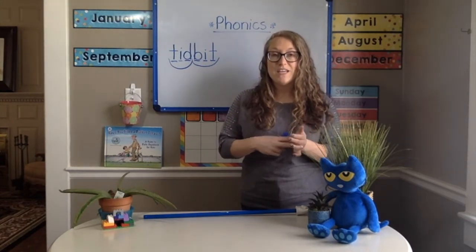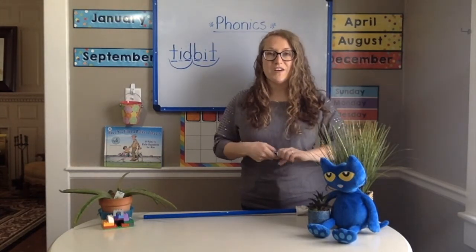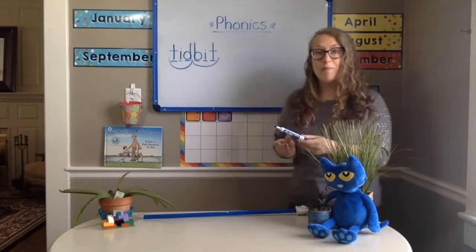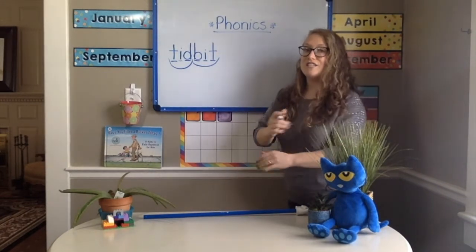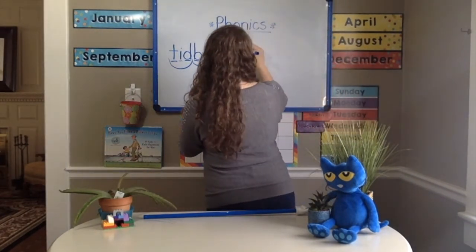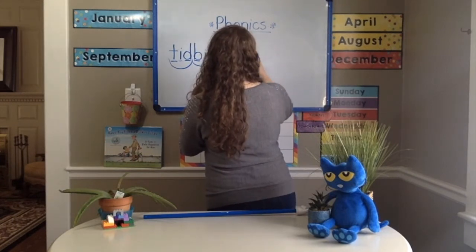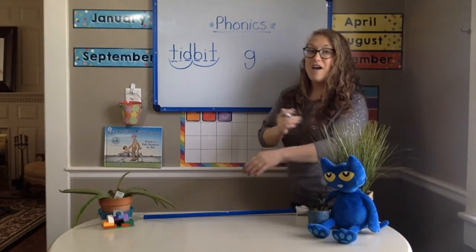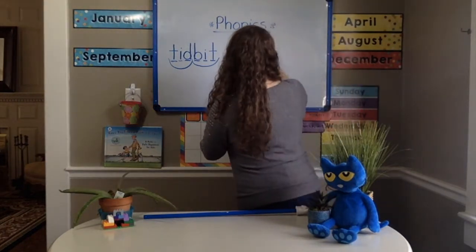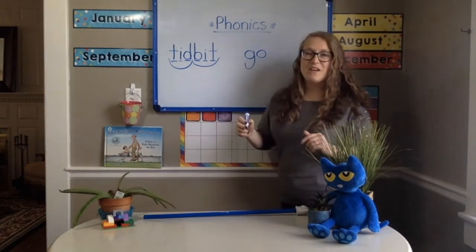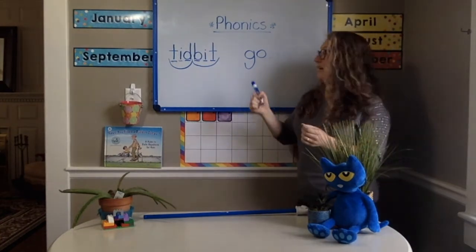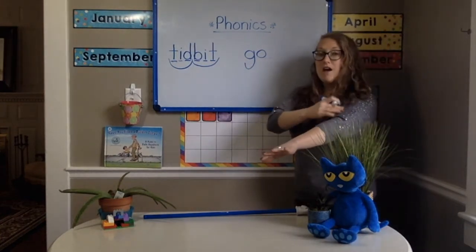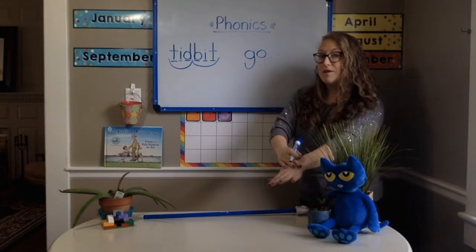Our first one is gob. So we're going to sound out gob. G. Gob. G, aw, o. Make sure you're doing this with me at home on your paper. Remember, we're sounding out gob. G, aw, B.